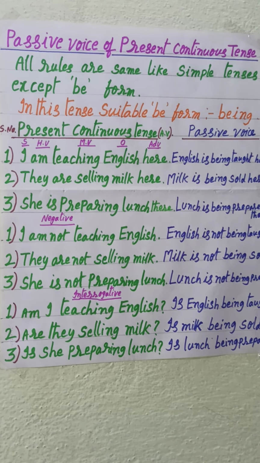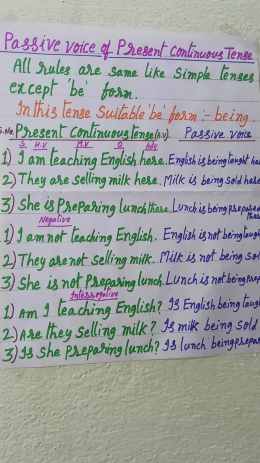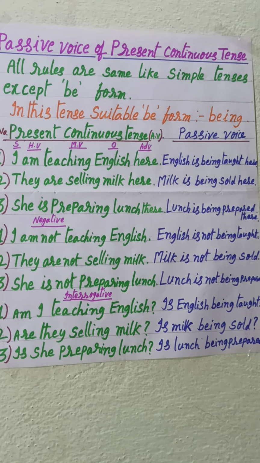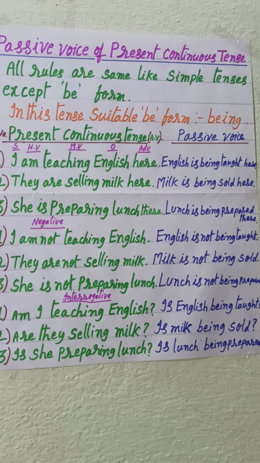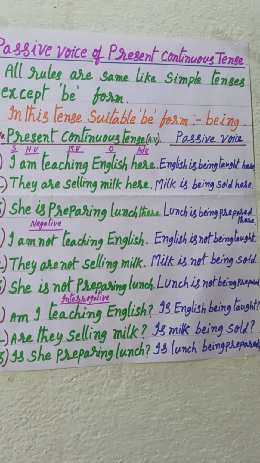Serial number 2, they are selling milk here. The passive voice: milk is being sold here.